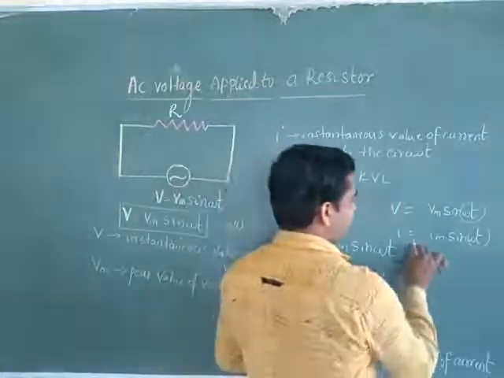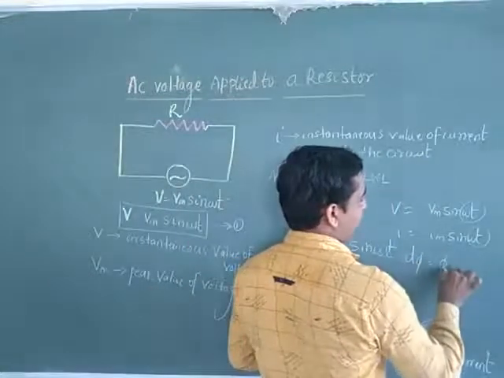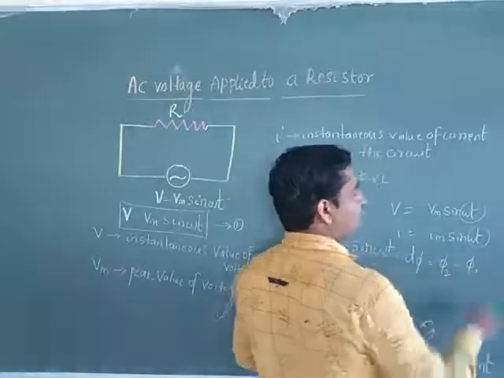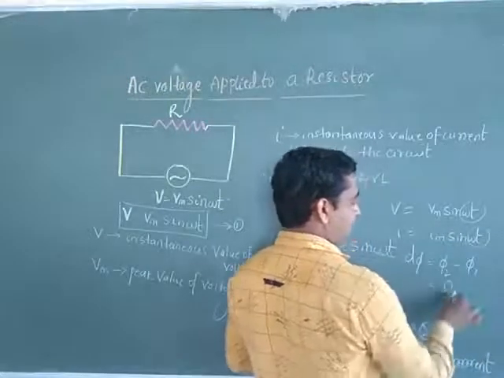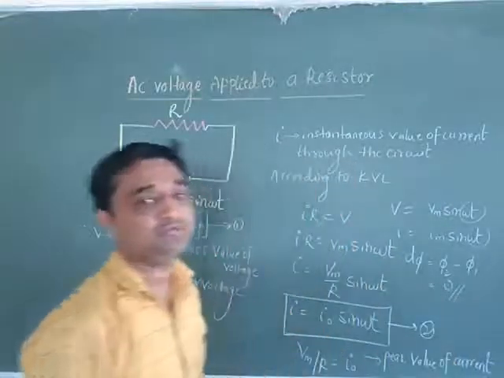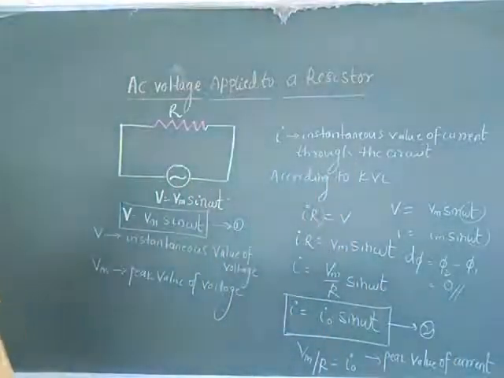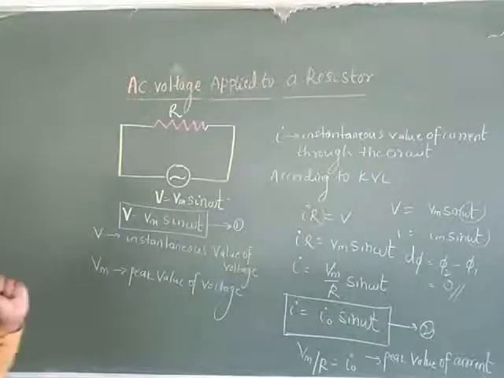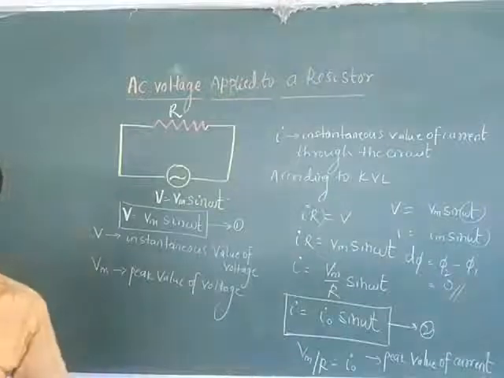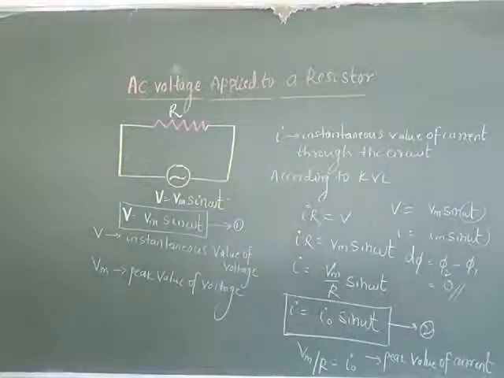Therefore the phase difference delta phi is equal to phi 2 minus phi 1, so omega t minus omega t is equal to 0. So the phase difference is equal to 0. That means the current through the resistor is in phase with the voltage. There is no phase difference between the current and voltage.